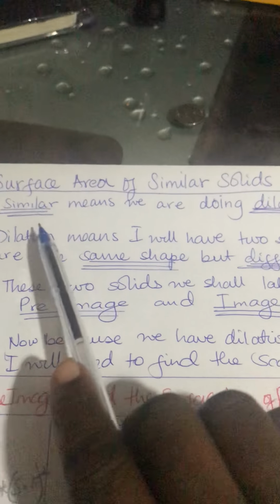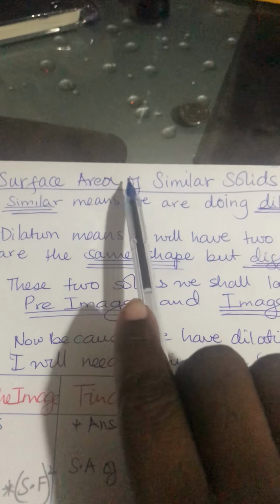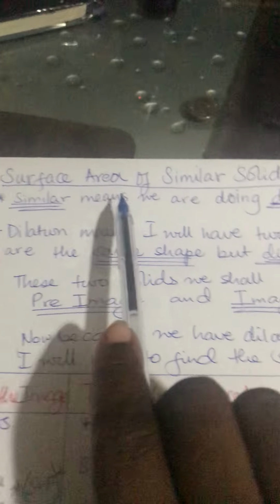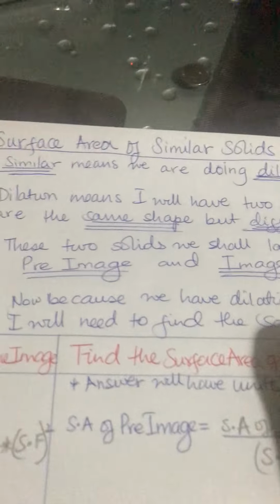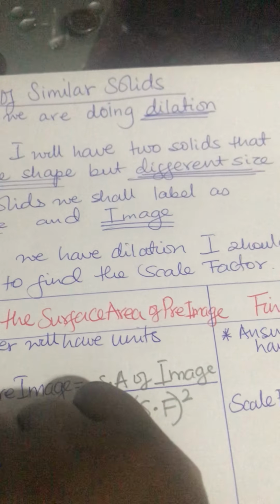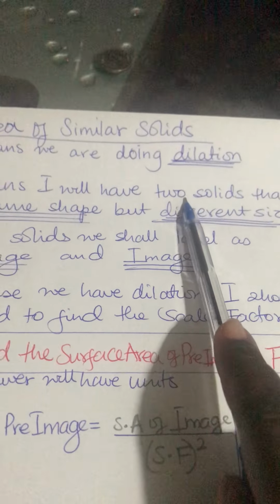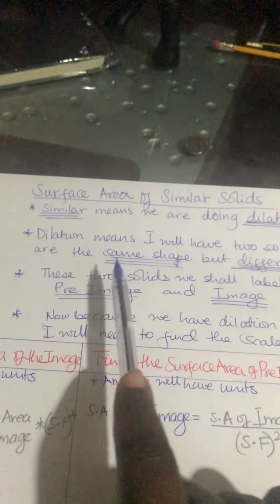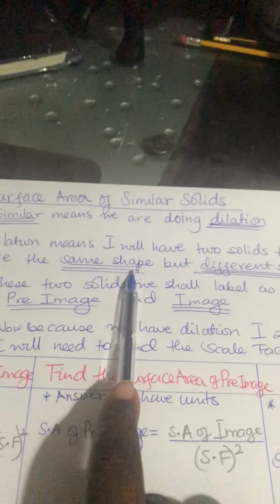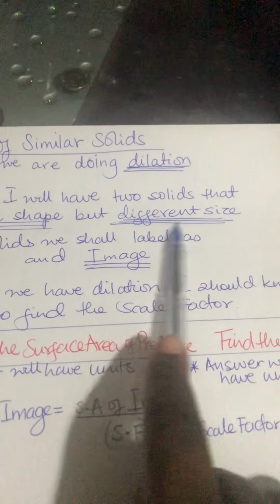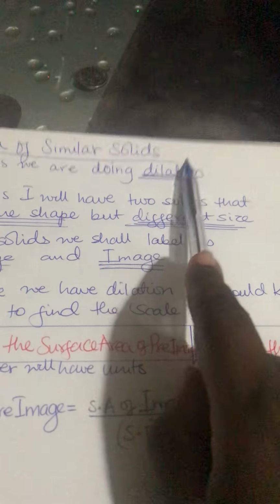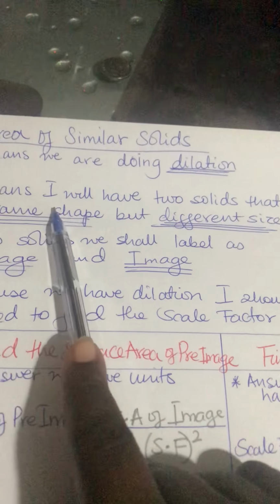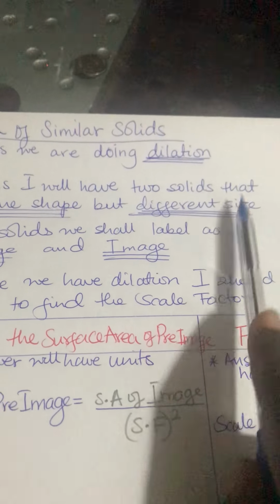Now, surface area of similar solids, we have said similar means you're doing dilation. And when we do dilation, it means we are going to have two solids that are the same shape but different size. That's what dilation means. Same shape but different size.